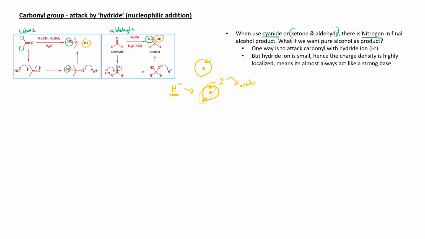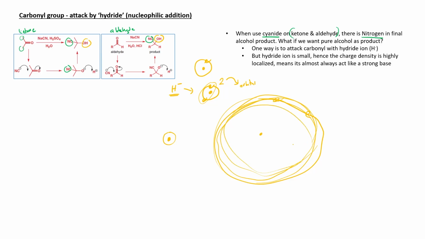When this hydride ion is so small, the charge density is highly localized. What does it mean here? Compare something small like this with something very big. When you have something very big, an electron will be more or less distributed. Even though it's polar, it's still better distributed compared to something very small. If you have something very small and polar, the electron will not be well distributed.